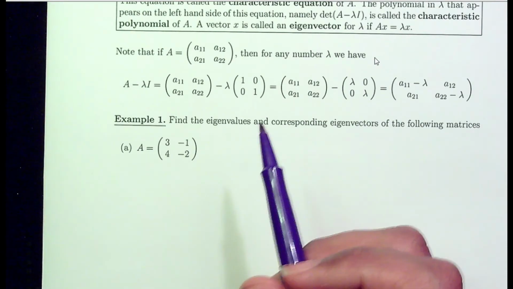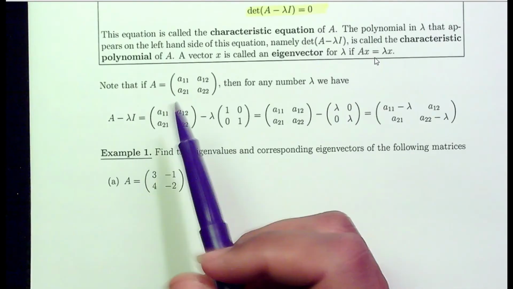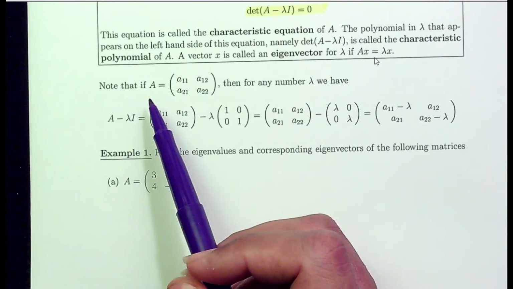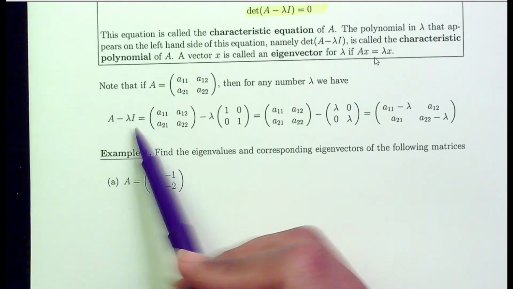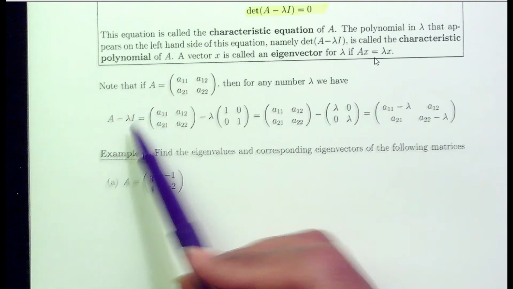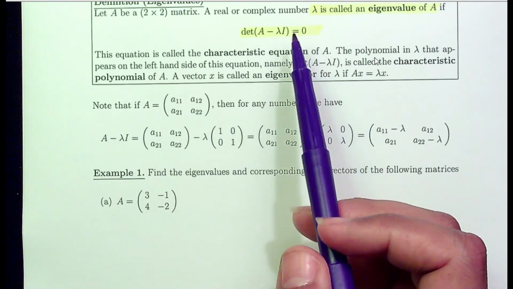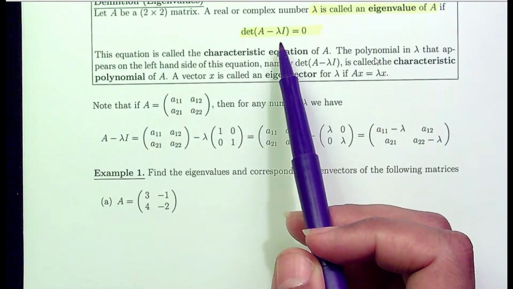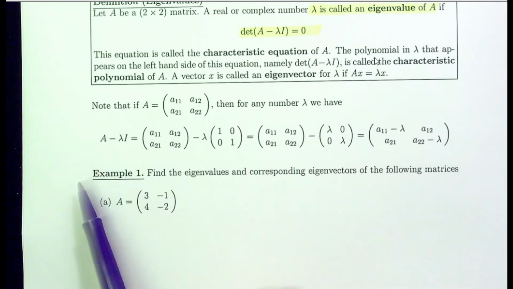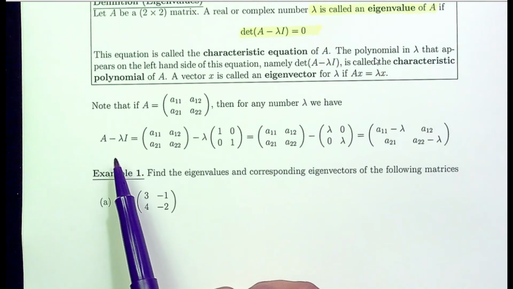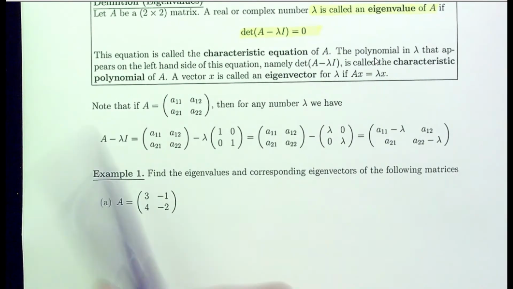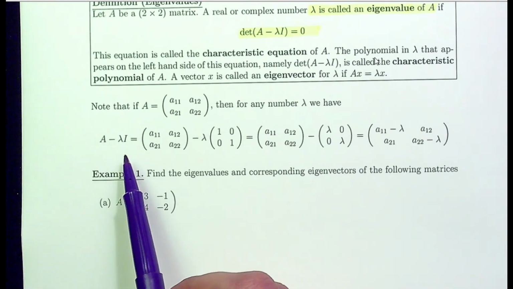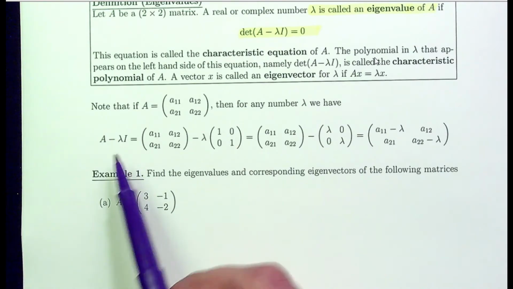And before we do that, I have here some remark. Note that you're going to be doing A minus lambda I all the time, because of that equation that we have to solve when we want to find the eigenvalues. So it's not a bad idea to check what happens in the abstract in general.